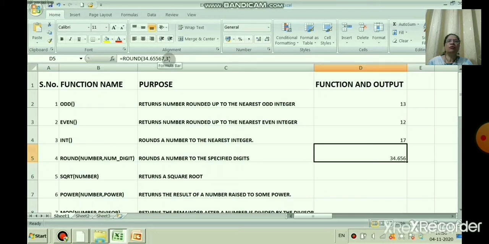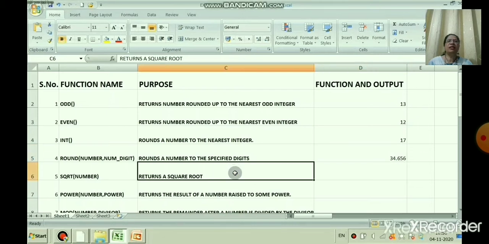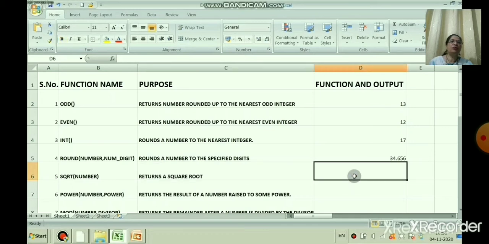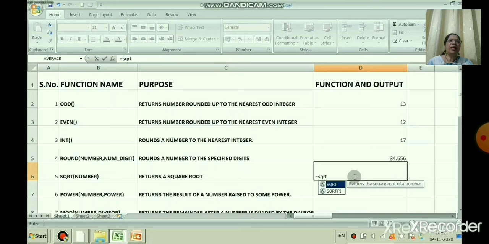So, understood children, the ROUND function rounds a number to the specified digit. Then next come to the square root. It returns a square root. All of you know how to find the square root. The same thing in Excel, we will find with the equal to sign and SQRT, okay, SQRT and bracket, here number.